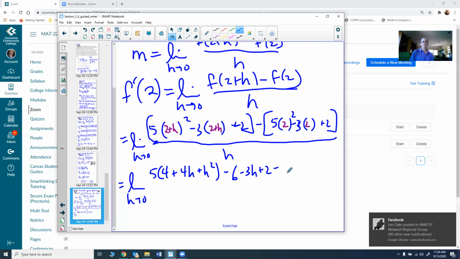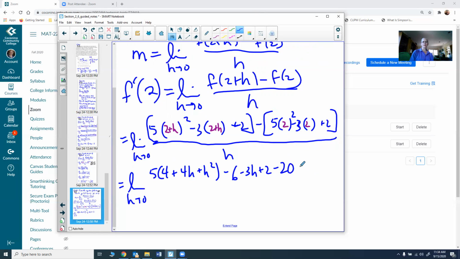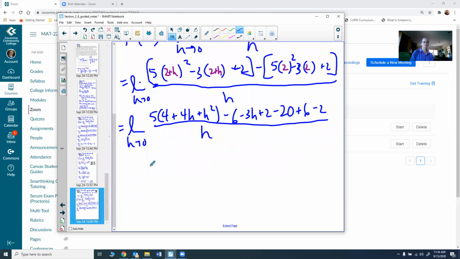Then 2 squared is 4, 4 times 5 is 20, minus 20, plus 6 minus 2, all over h. So the limit as h goes to 0 of 20 plus 20h plus h squared minus 6 minus 3h plus 2 minus 20 plus 6 minus 2.